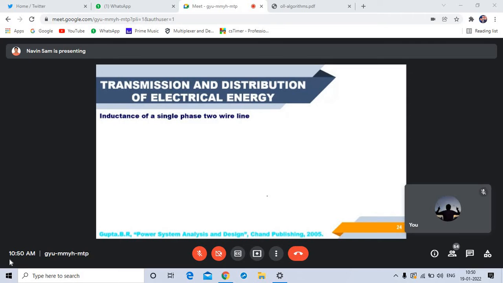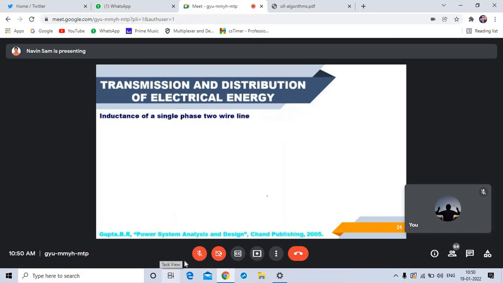So in single phase, how many conductors will be there? 2.